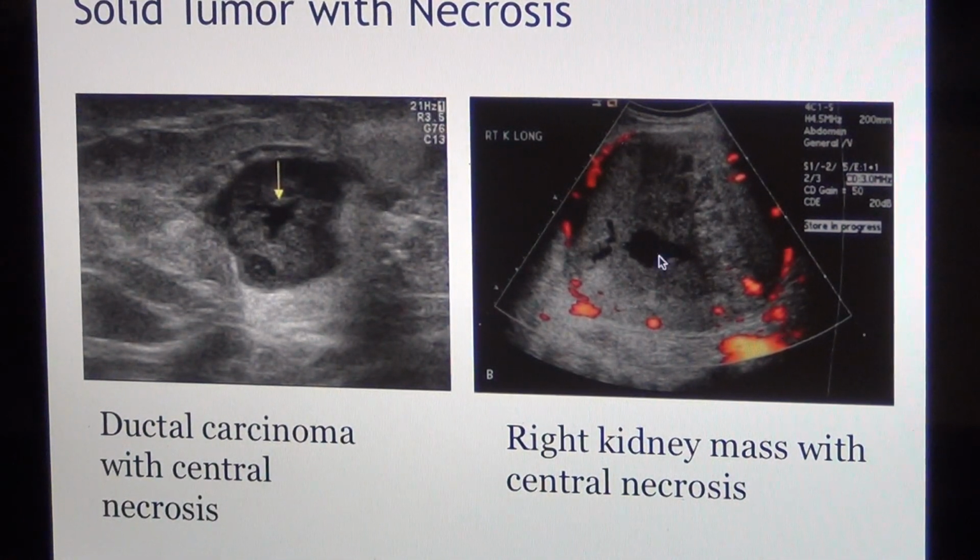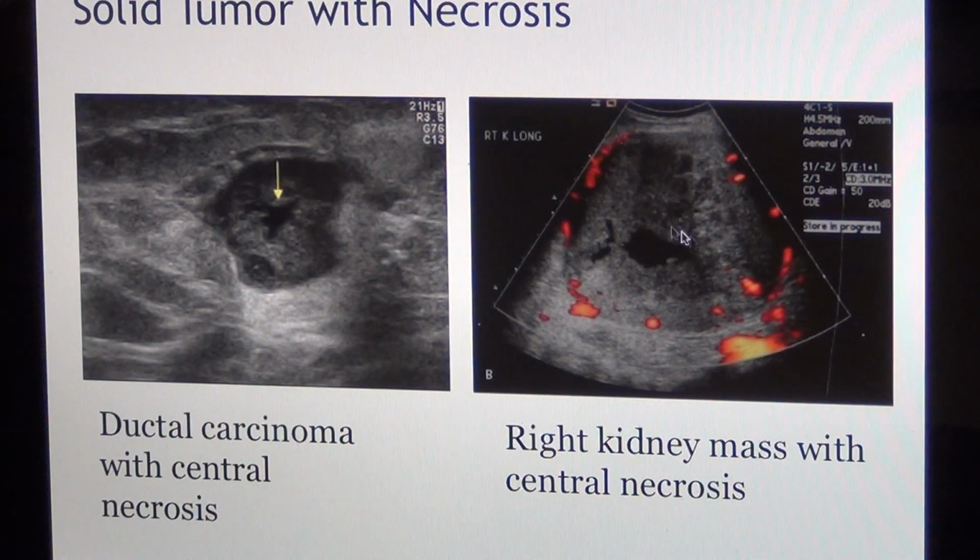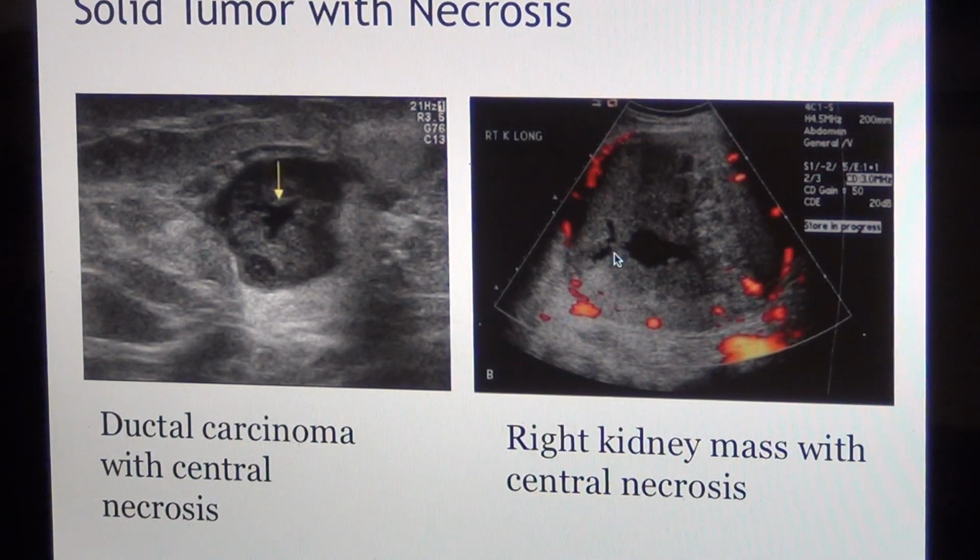is a good sign. Why? Necrosis means the cellular death. Why is there a cellular tumor but there is a death of the cells? Because this tumor needs more nutrition, more energy, more oxygen, but it's not getting the nutrition and oxygen. As a result, the tissues are dying.